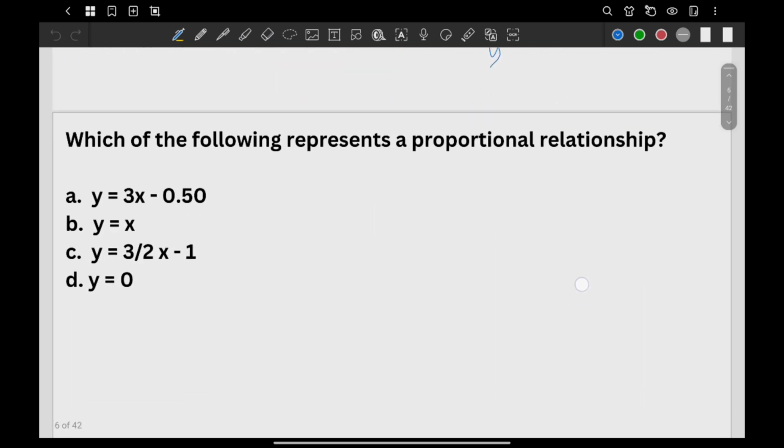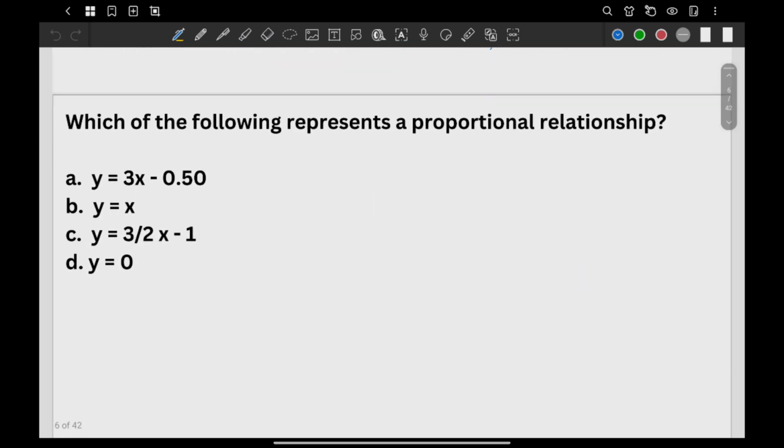Next one. Which of the following represents a proportional relationship? I hope you can still recall the difference between proportional and non-proportional relationships.